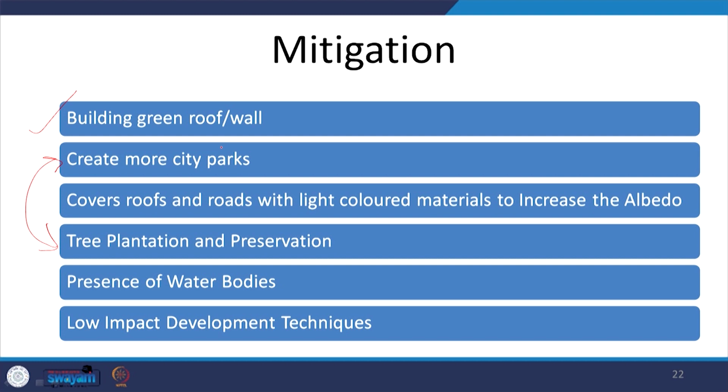So, creating more spaces with vegetation, leaving more area as green, is another most important mitigation strategy. The next one is where we select the materials carefully. We have to use materials which are light colored and which have a higher SRI value. I will come to what SRI value is in subsequent slides, but that is the choice of material.